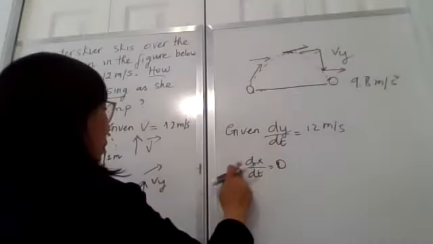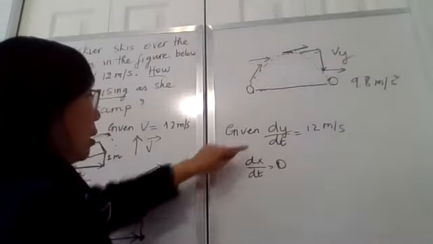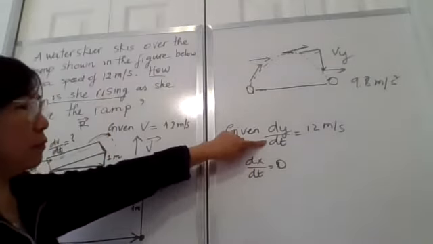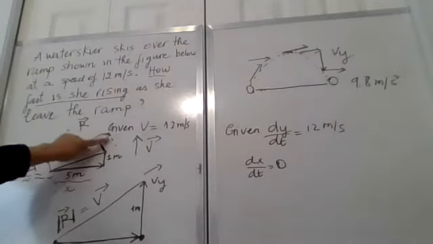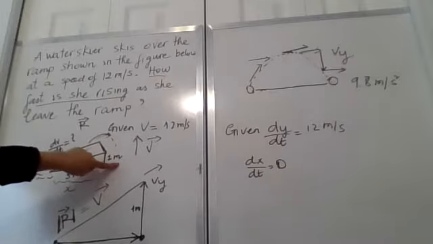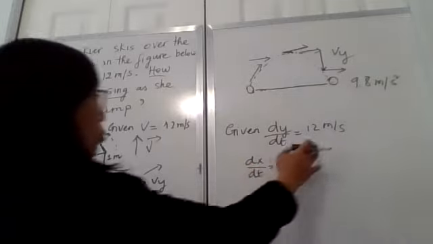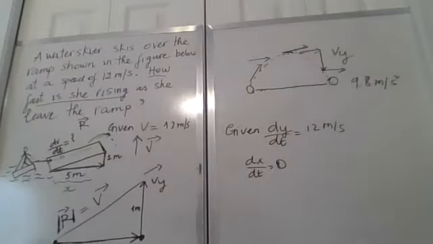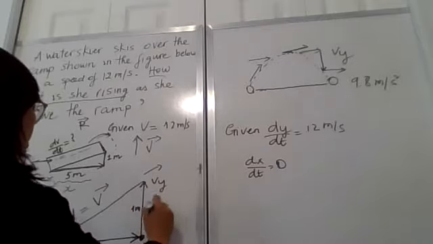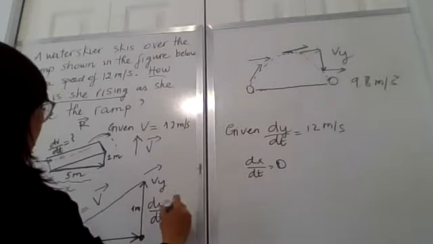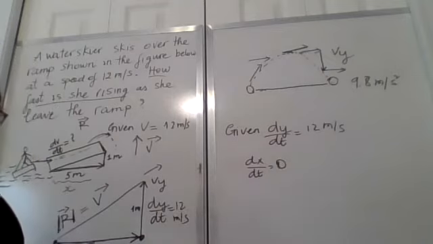And her vertical component velocity, because she rises over this ramp, due to the force of gravity as well, equals 12 meters per second. So that's a given factor. So now we know dy over dt equals 12 meters per second, and dx over dt in this case is 0.